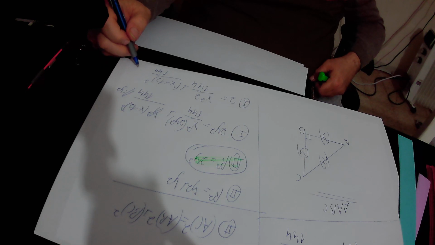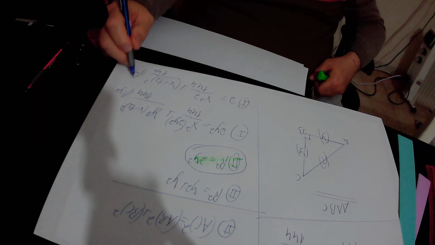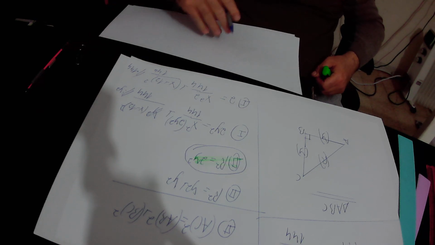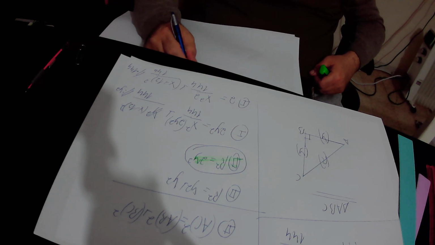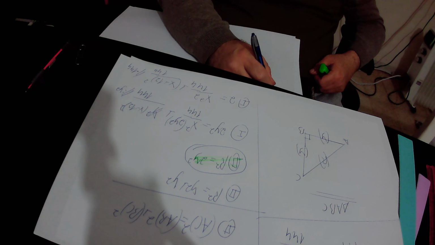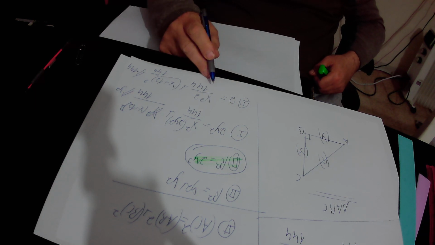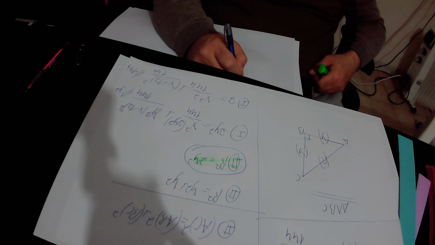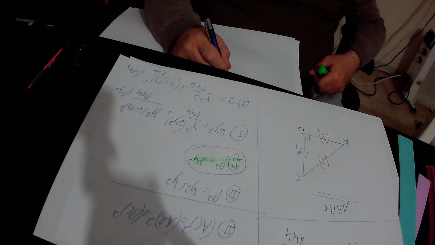So here we multiply this equation by 144, and we get that 2 times 144 is 288, and it is equal to 2x squared plus (x plus 12) squared.